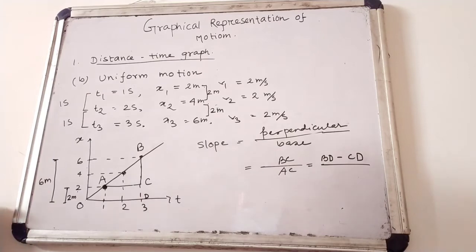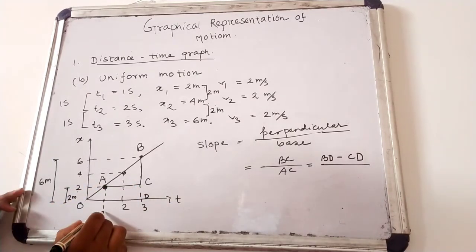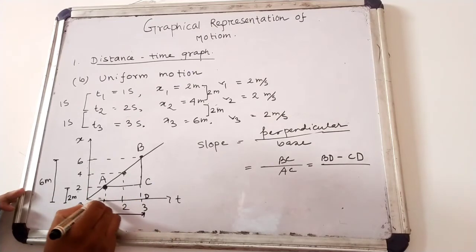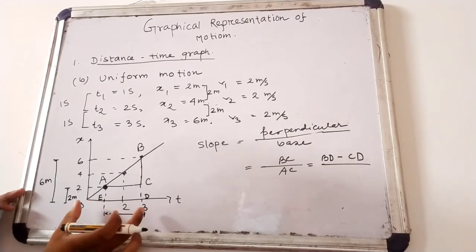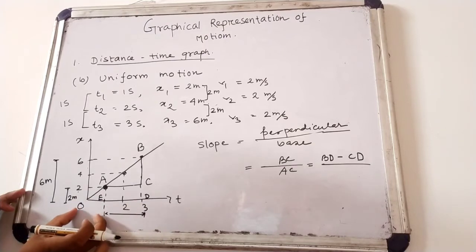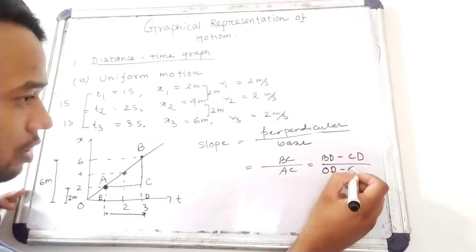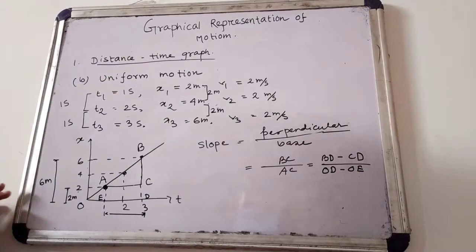Similarly, AC equals what? AC means this portion. So if we take another point here, E, AC equals OD minus OE.